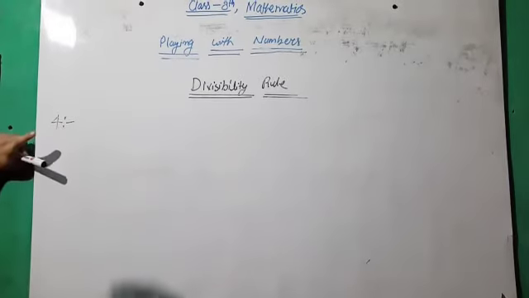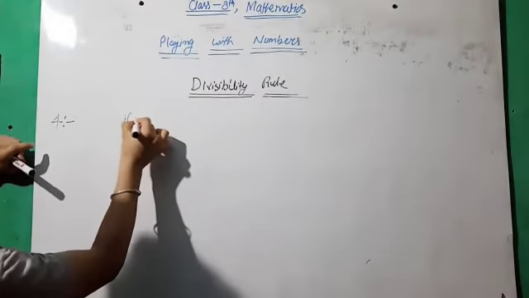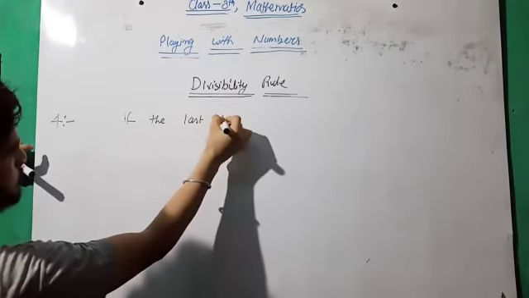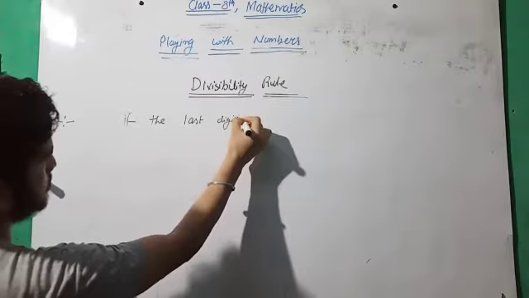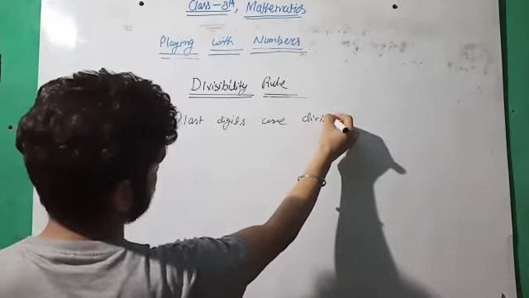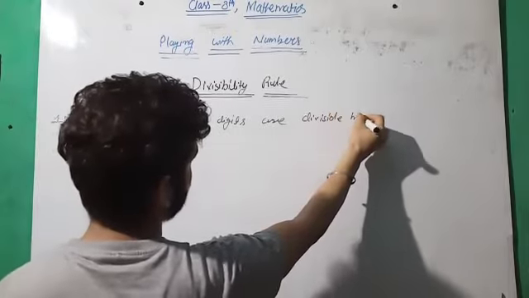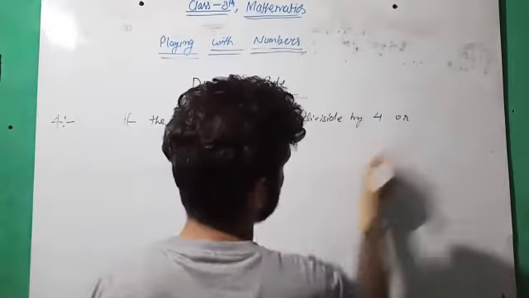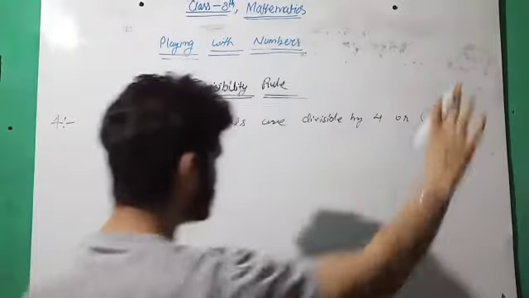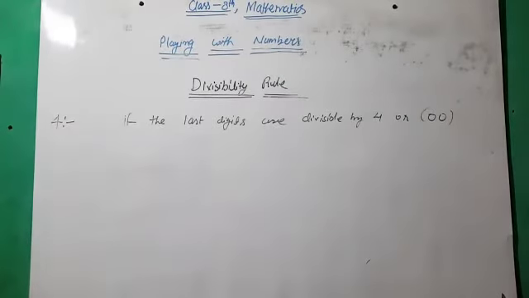For divisibility of 4, if the last two digits are divisible by 4, or 00, if the last digits are 00, then this is also divisible, right?